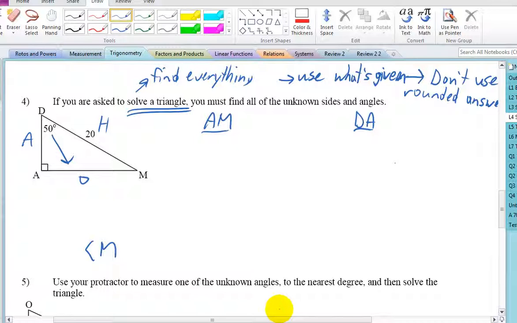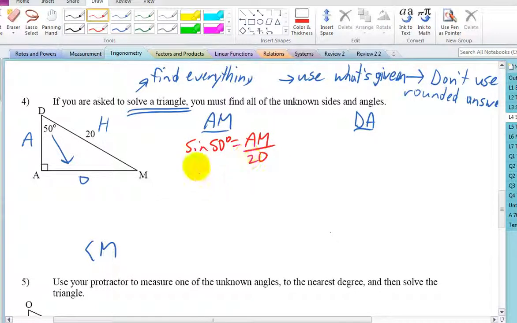Okay, let's find AM first, just because it's in that order. No big deal. What we're going to do is figure out which ratio you would use to find opposite and hypotenuse. Which one? Sine. Exactly. So set that up. Use the capital letters AM.